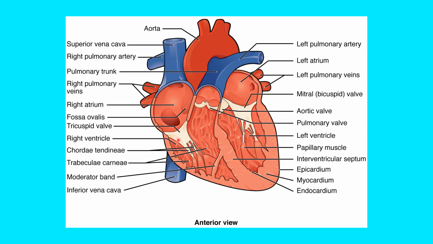It has three little flaps to it. Here is the pulmonary semilunar valve between the right ventricle and the pulmonary trunk. Over here is your left ventricle and your left atrium. And right here is the bicuspid or mitral valve. There's two flaps. And then right up here, in this little corner, is the aortic semilunar valve, regulating flow from the left ventricle out into the aorta.